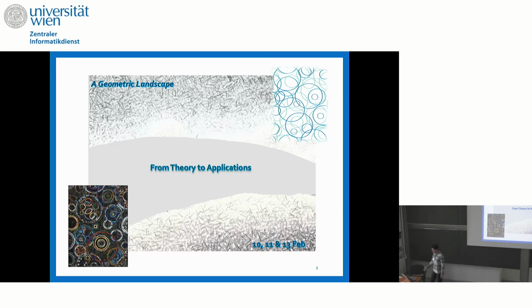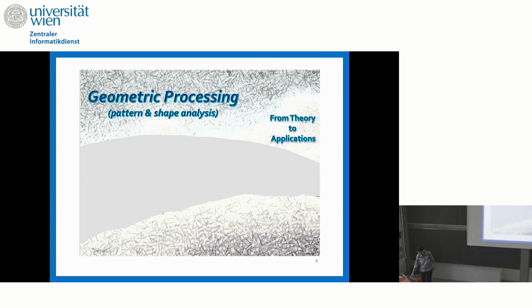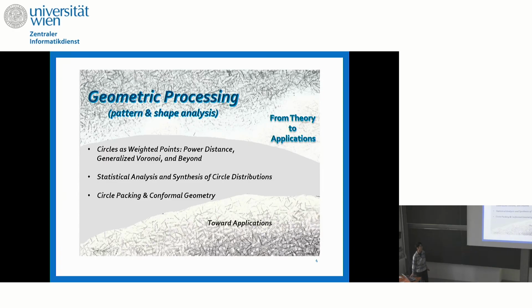I will do my best to summarize some concepts and mainly applicative scenarios in 3 parts during this mini course. The first 2 parts will be around discrete distributions of circles. Here you don't have any structure that would link these circles or disks together.